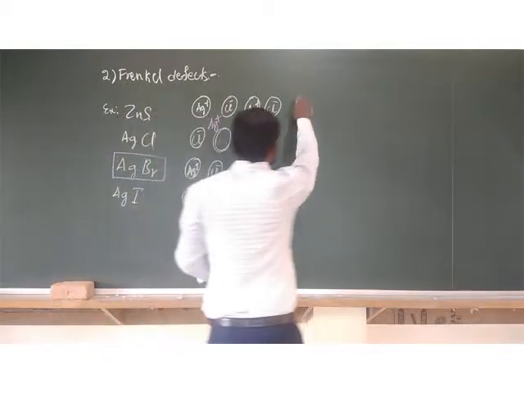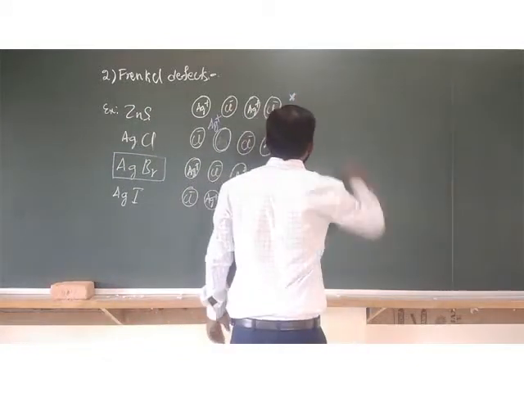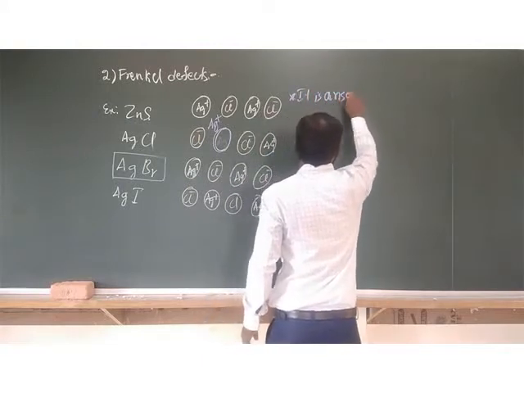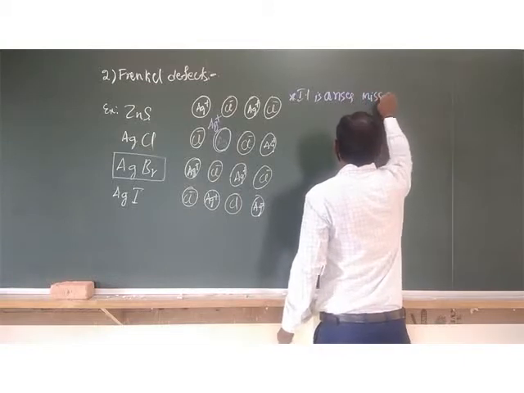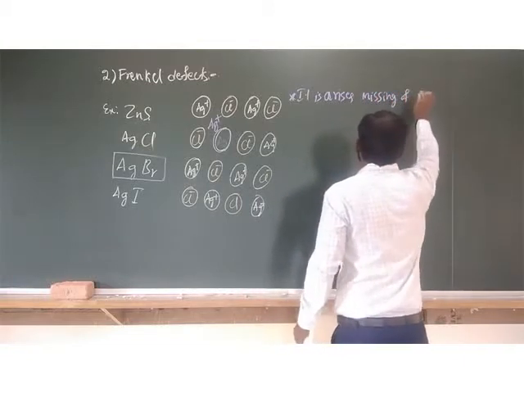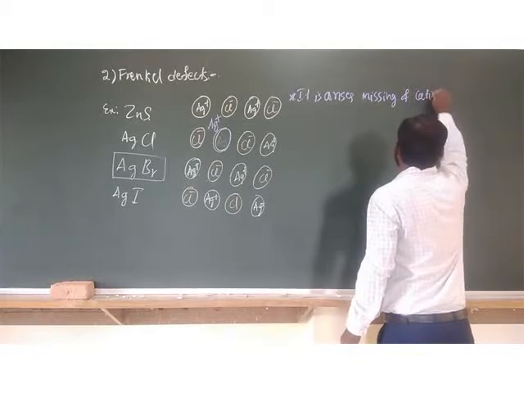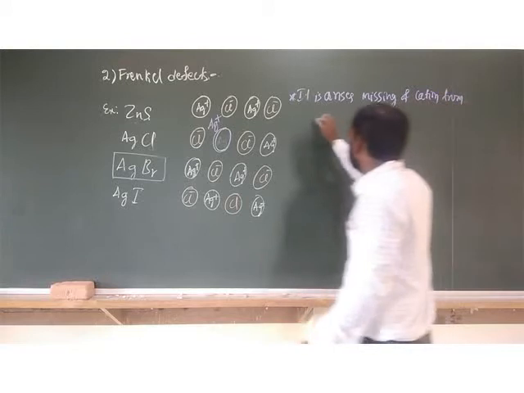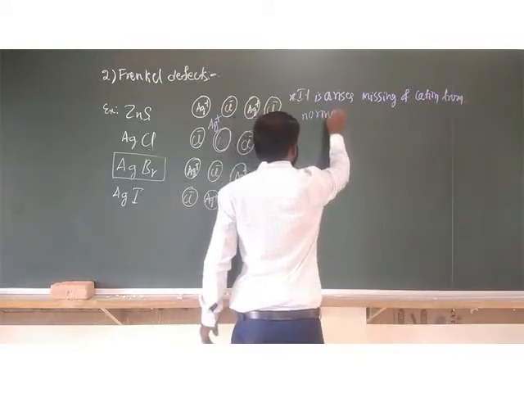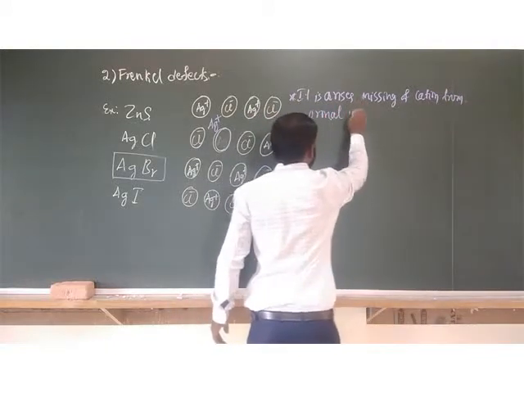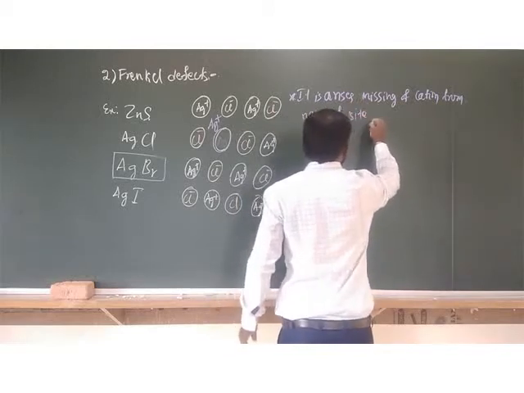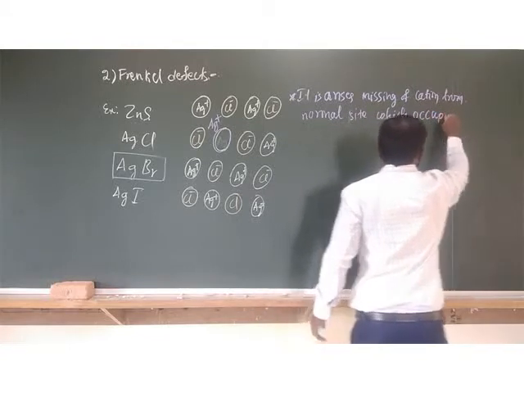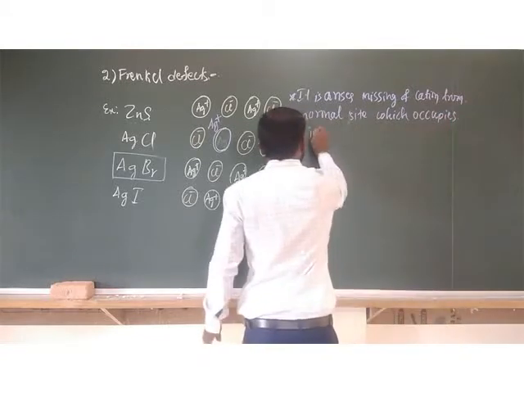So let us take one or 2 points. Point number 1, it arises by missing of a cation from the normal site, which occupies the interstitial site.